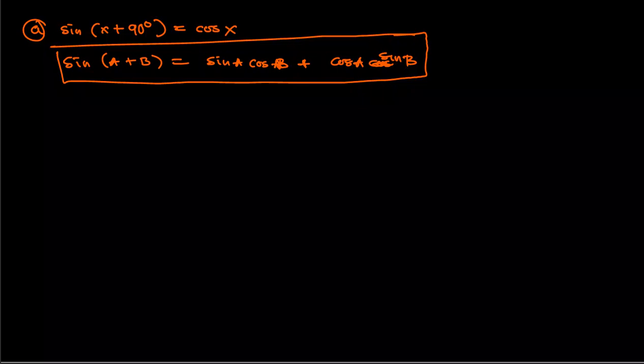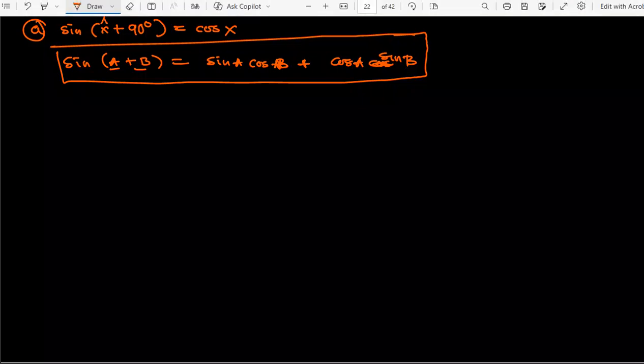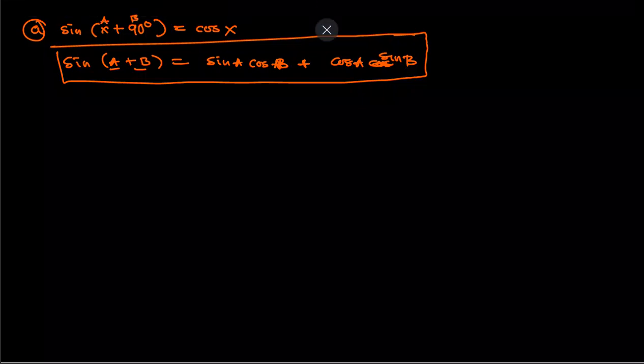As you can see, from sine (A plus B), our A is x and our B is 90. So you are going to write this in this form: sine (x plus 90). We want to prove this to be equal to this.